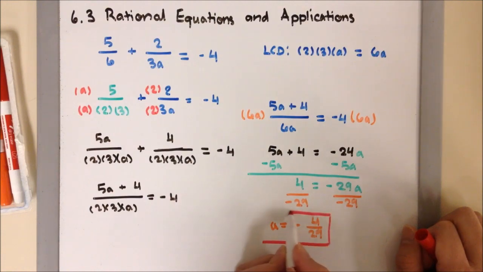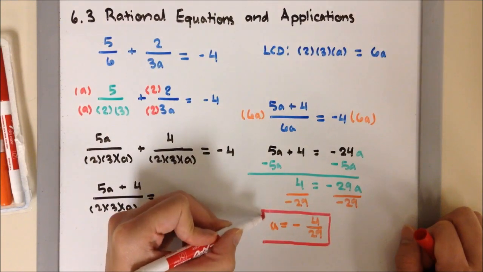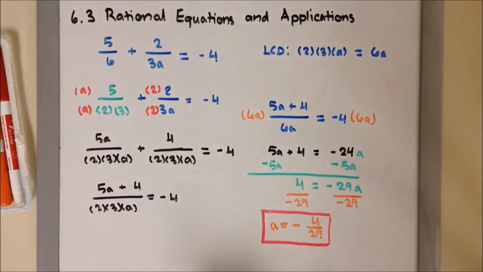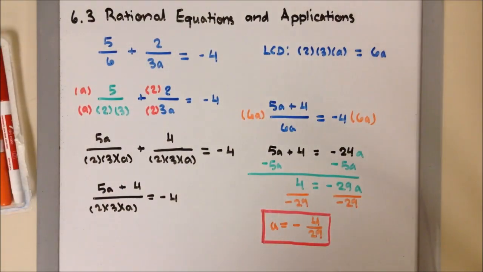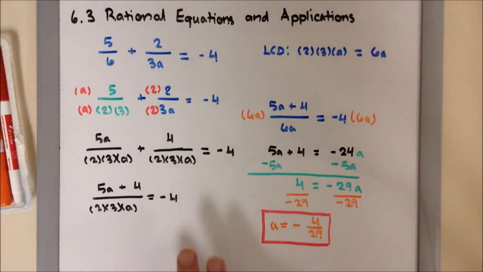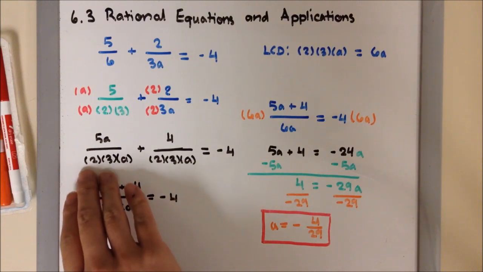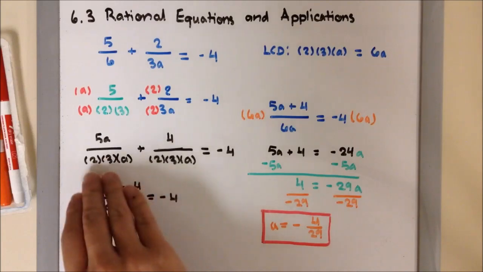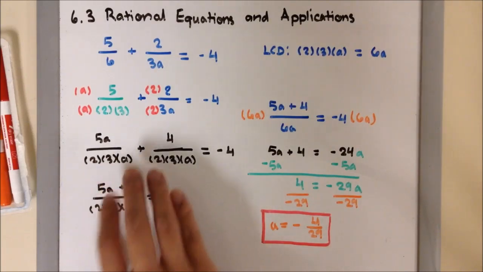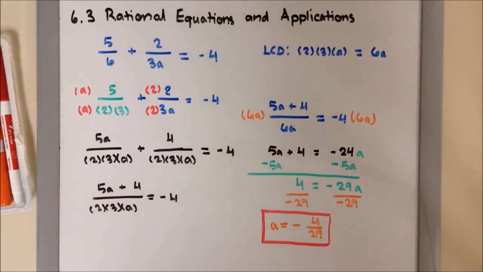Now, while we're working with rational equations, even though in the 3 examples that we did, all 3 answers came out as fractions, which is okay, just be aware that sometimes it's okay to have whole numbers as our answers. But the main goal for this example was to see how, when you combine fractions, we had 3 factors, and once they have common factors in both fractions, you can combine them as 1.